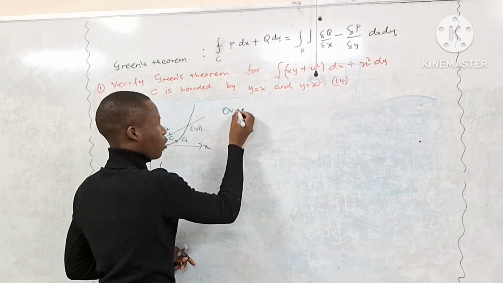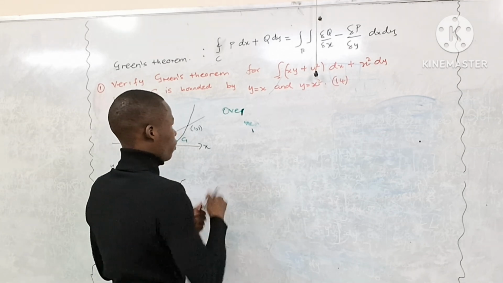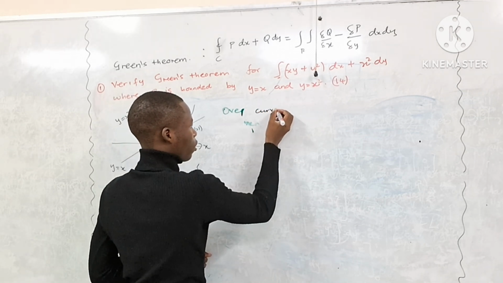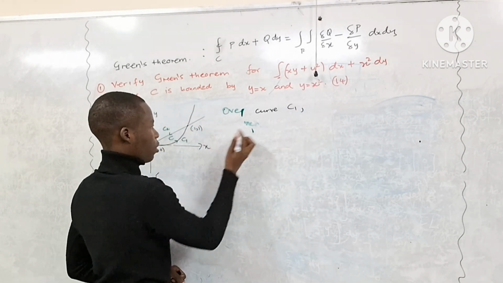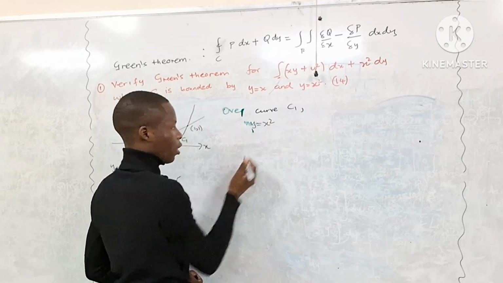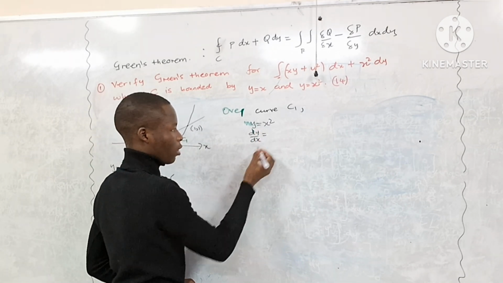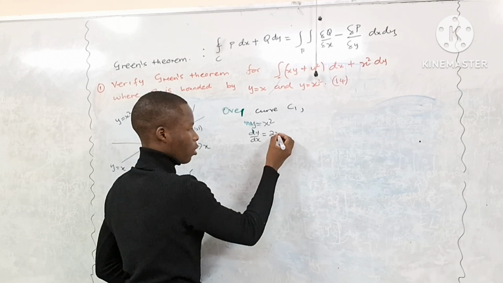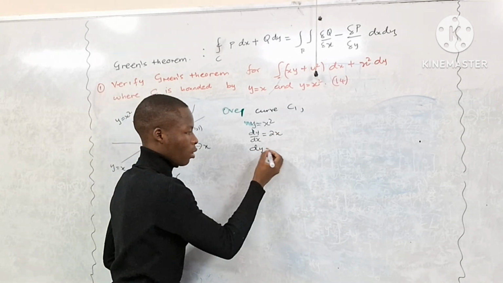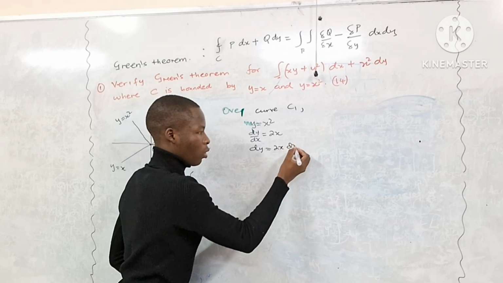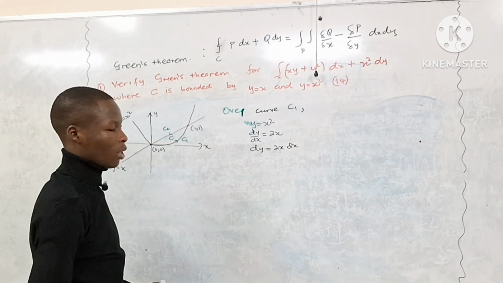So over curve C1, this is y is equal to x squared. You find dy by dx. Dy by dx is 2x. Now dy is equal to 2x dx.